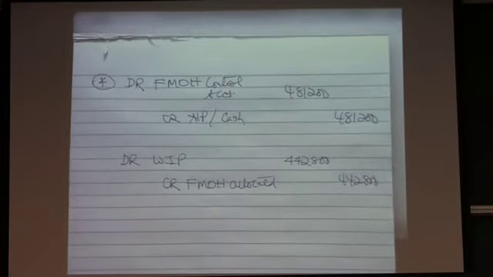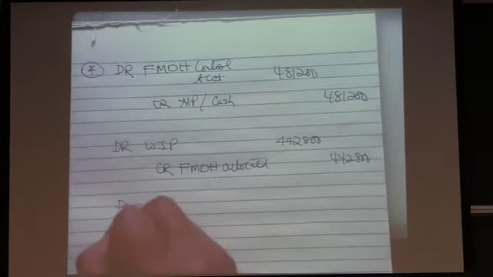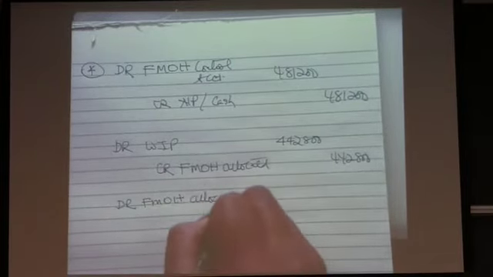And that is the allocation. Now I want to close out, debit the fixed manufacturing overhead allocated account. I want to credit the fixed manufacturing overhead control account. That closes those out.